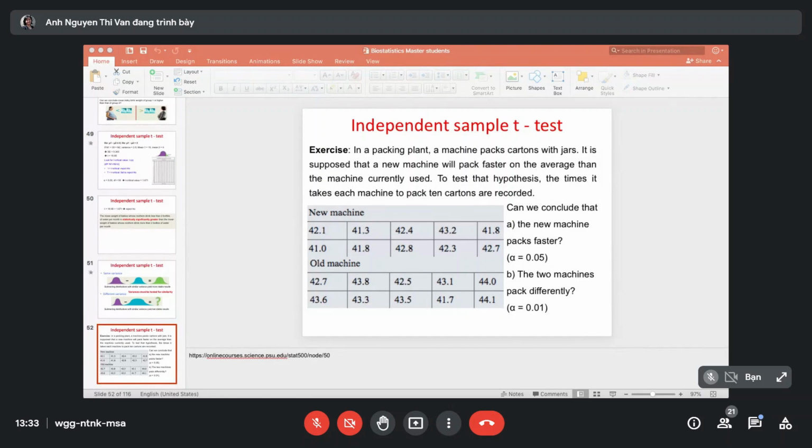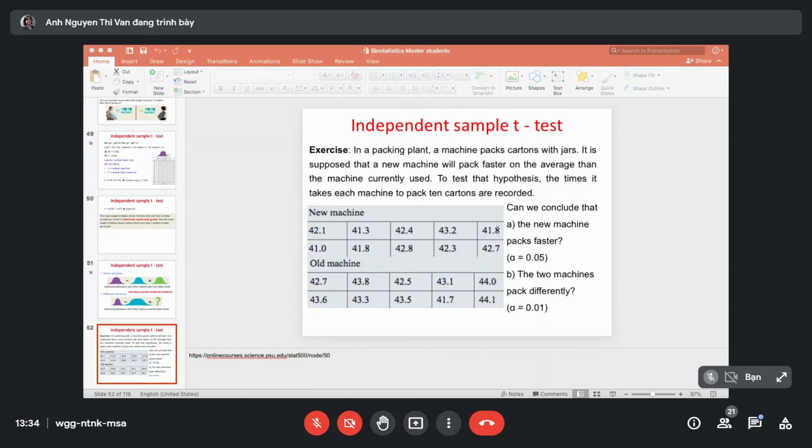But you need to explain, because we have two types of t-test, right? Because the sample size is smaller than 30, I will choose the t-test. Is that correct?